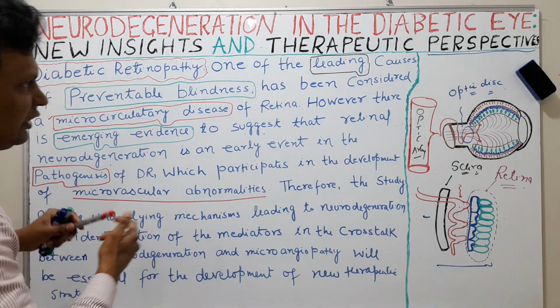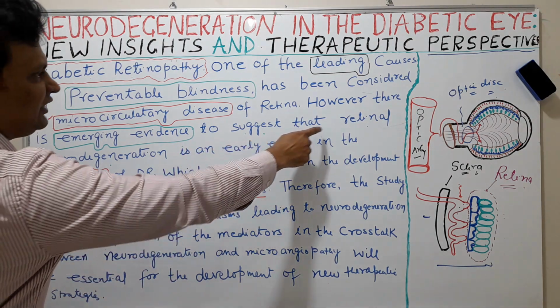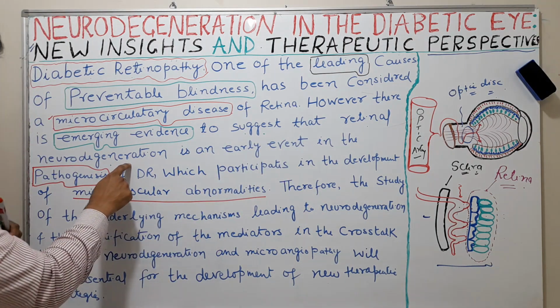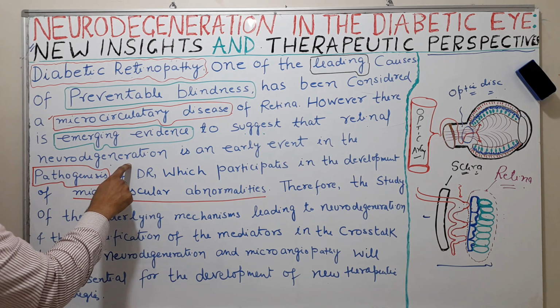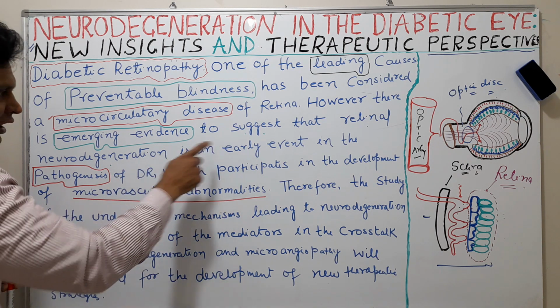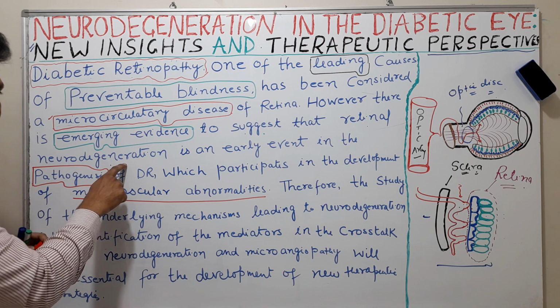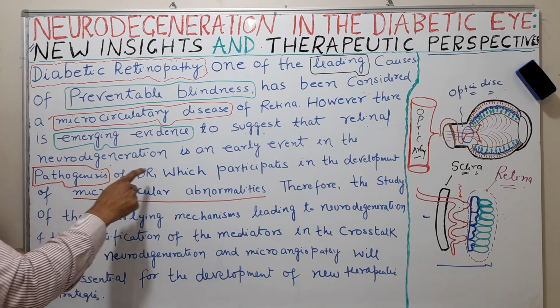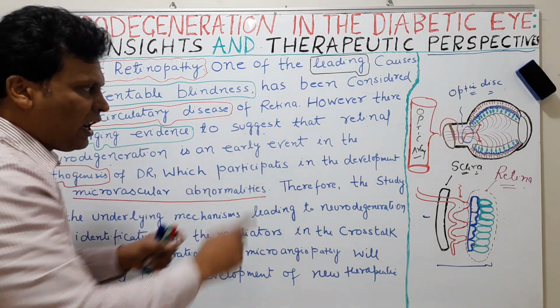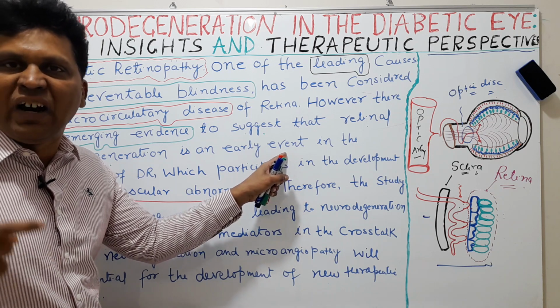It means that first there is damage to the nerve in the retina. This is called retinal neurodegeneration. Retinal neurodegeneration means damage to the nerve in the retina, and this comes early on.